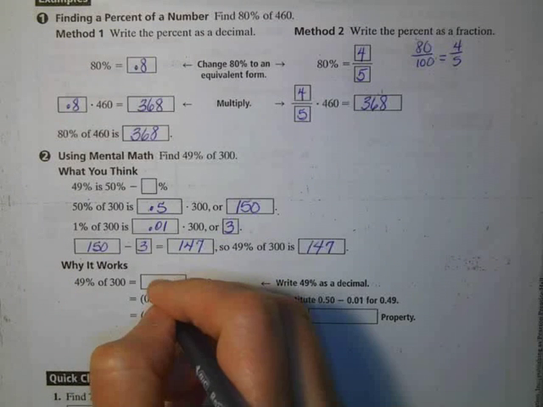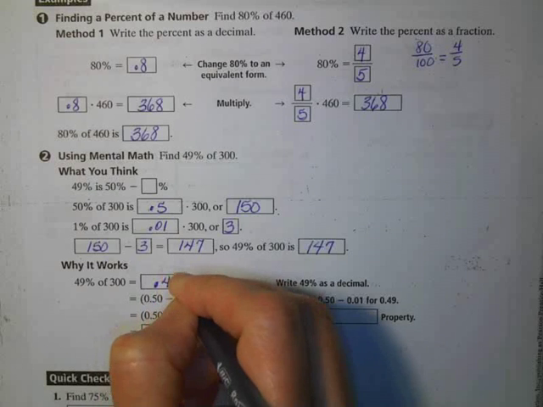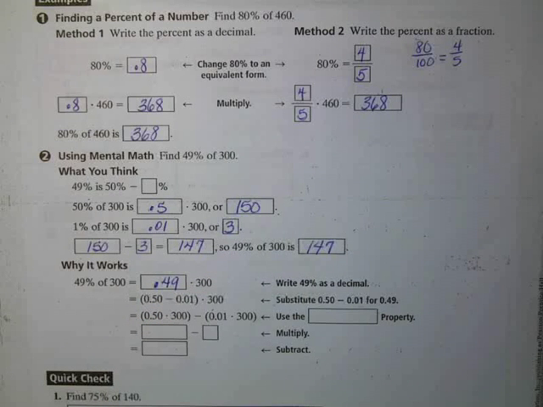We can think of, first of all, 49% as the decimal 0.49, or 49/100ths, and we want to multiply that by 300. Instead of 0.49, we can substitute 0.50 minus 0.01.